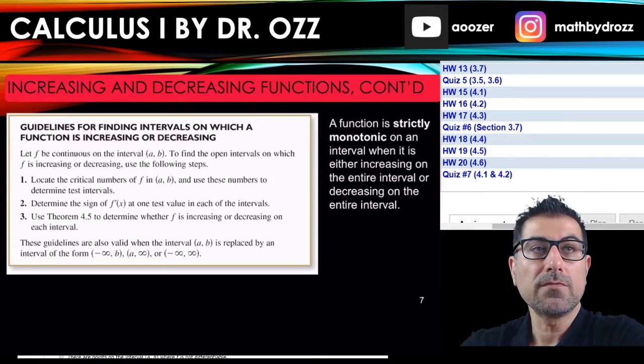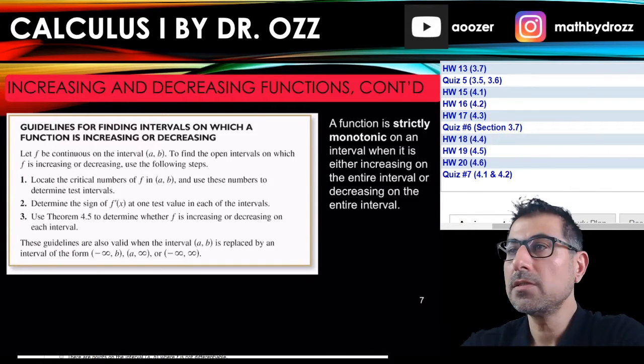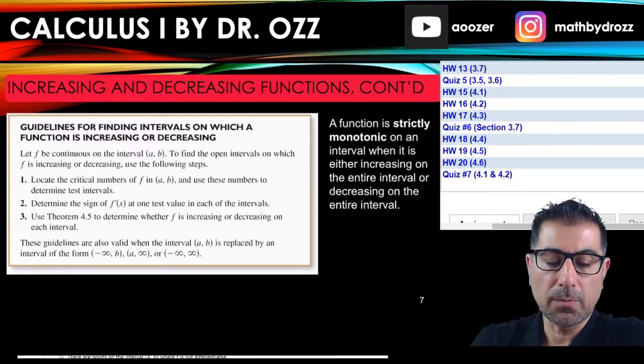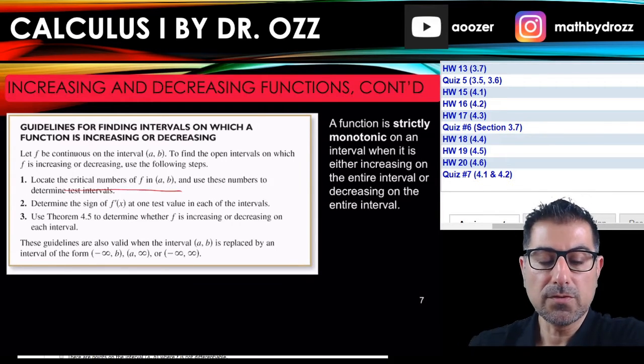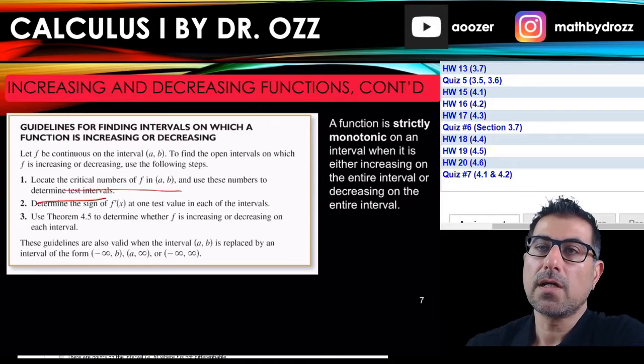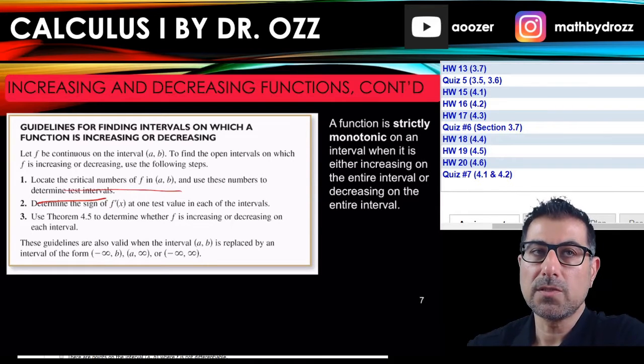And I in fact gave you guidelines for finding intervals in which a function is decreasing or increasing. So first, obviously, we locate the critical points of f and use those numbers to test intervals. We were having sample numbers or test values from each subinterval, which are built by the critical numbers.